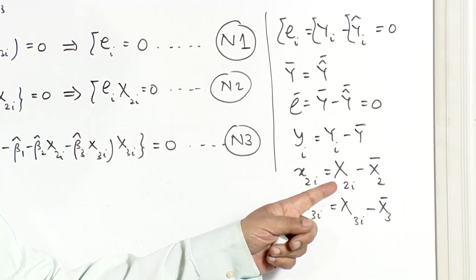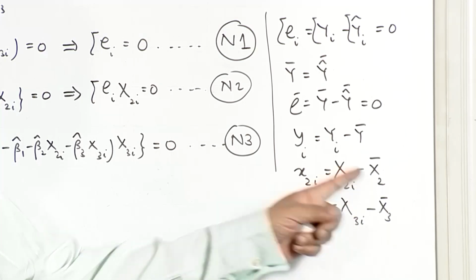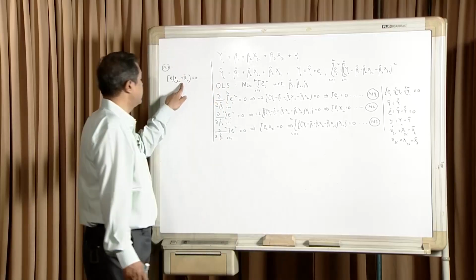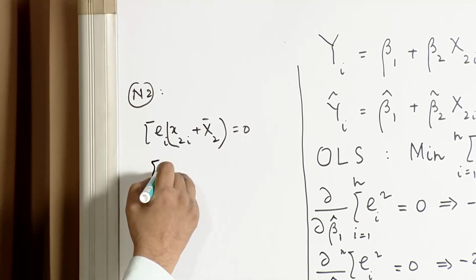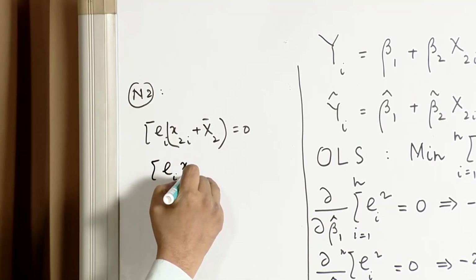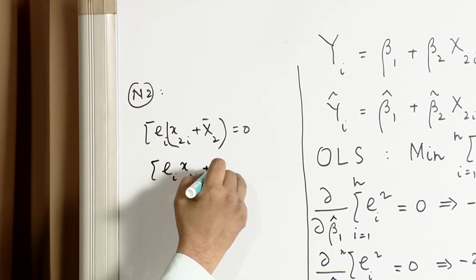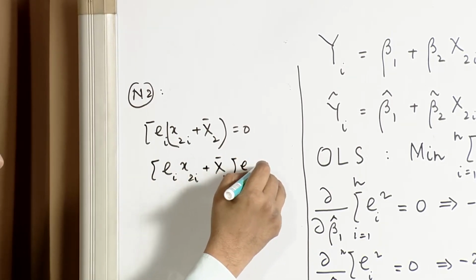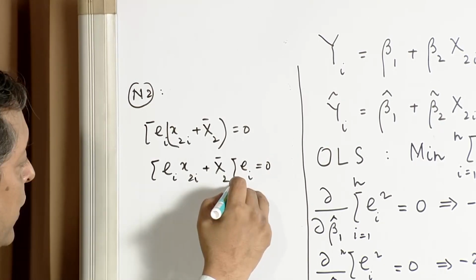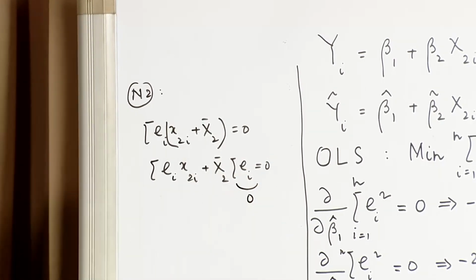So, capital X is small x plus x_2 bar, and that means summation e_i x_2i plus x_2 bar summation e_i is equal to 0. But viewers, we already know that this part is equal to 0.